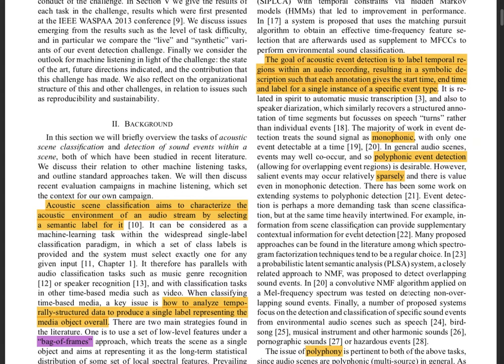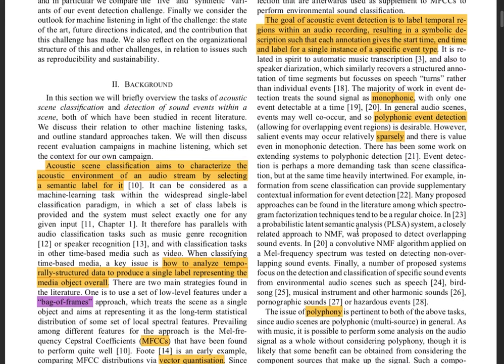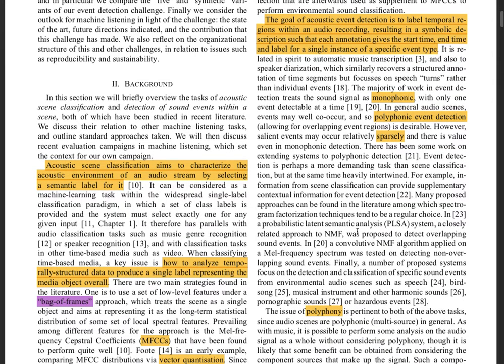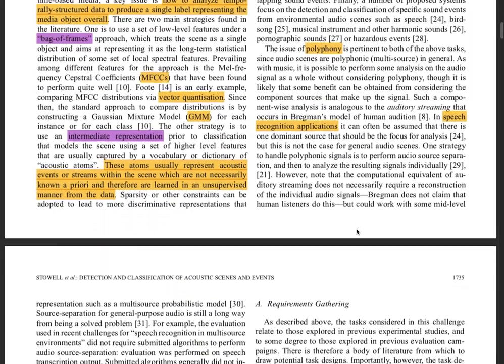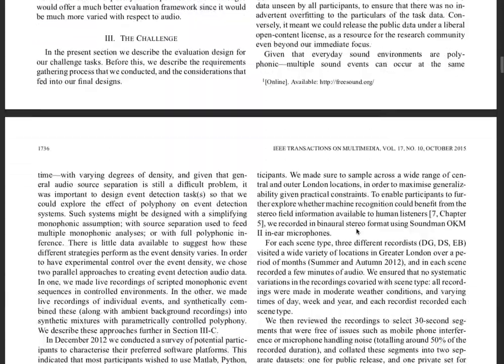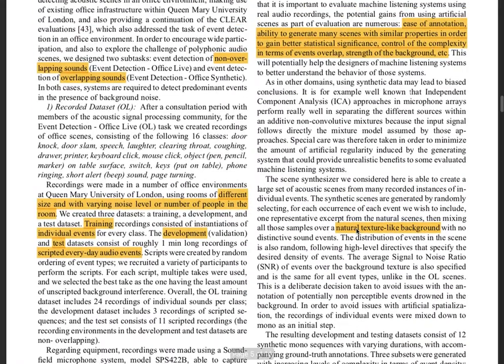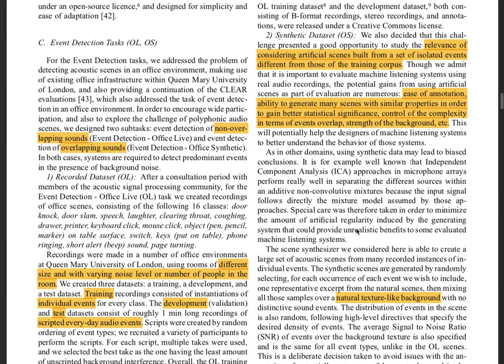We saw the bag of frames approach, where you are not concerned with the temporal ordering, but with the co-occurrence of things together. Then we considered the polyphonic case, when many signals are additively overlapping.